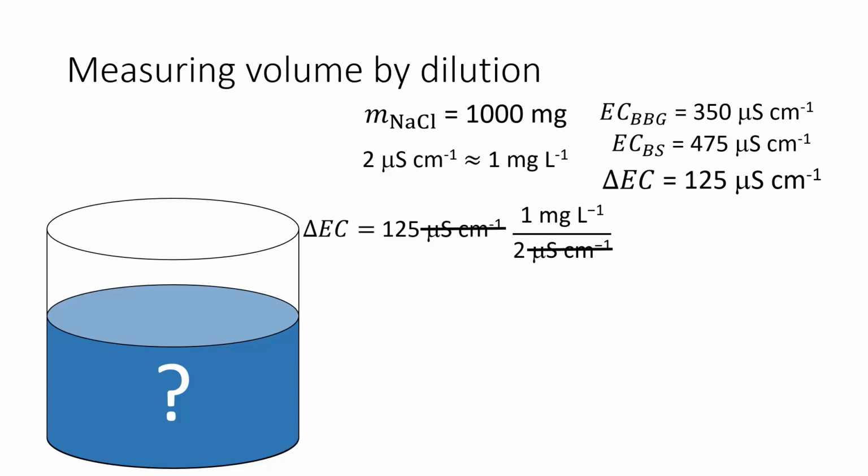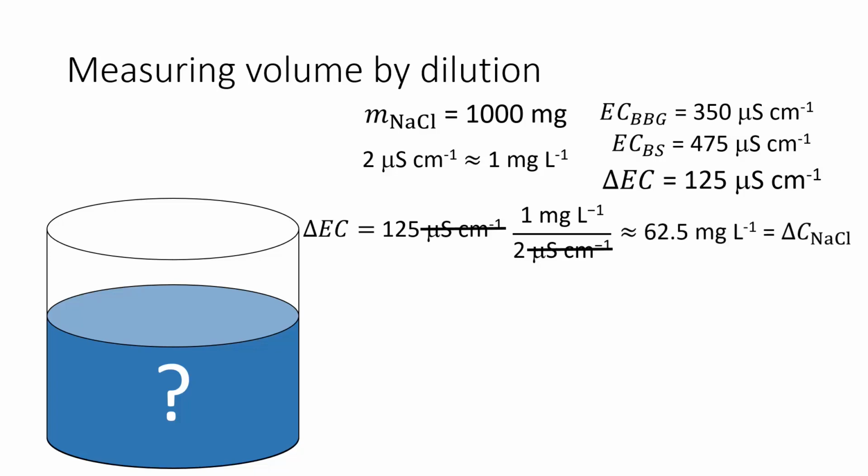So we want to have that 2 microsiemens per centimeter in the denominator, so it will cancel and get rid of microsiemens per centimeter and leave us with milligrams per liter. We know that there are 2 microsiemens per centimeter for every 1 milligram per liter change, so we can set up our factor that way.